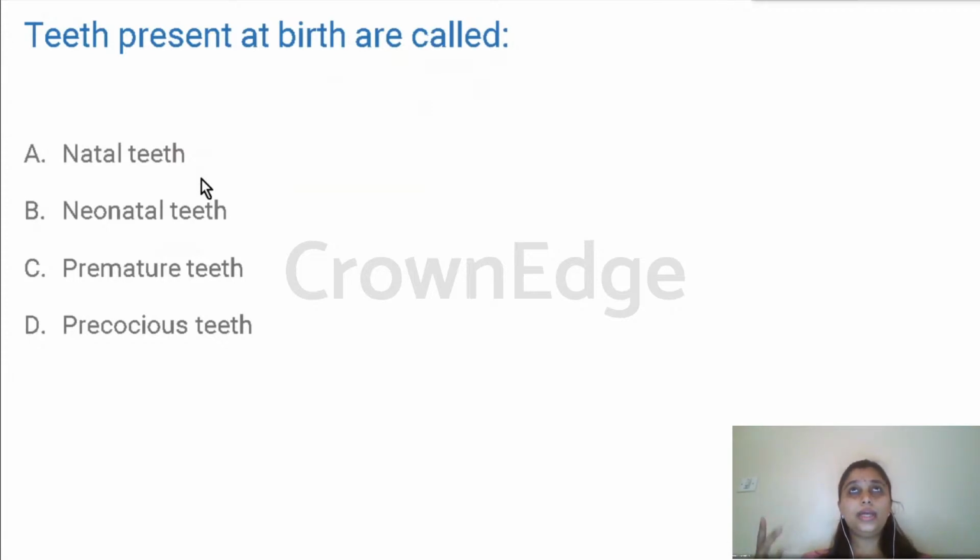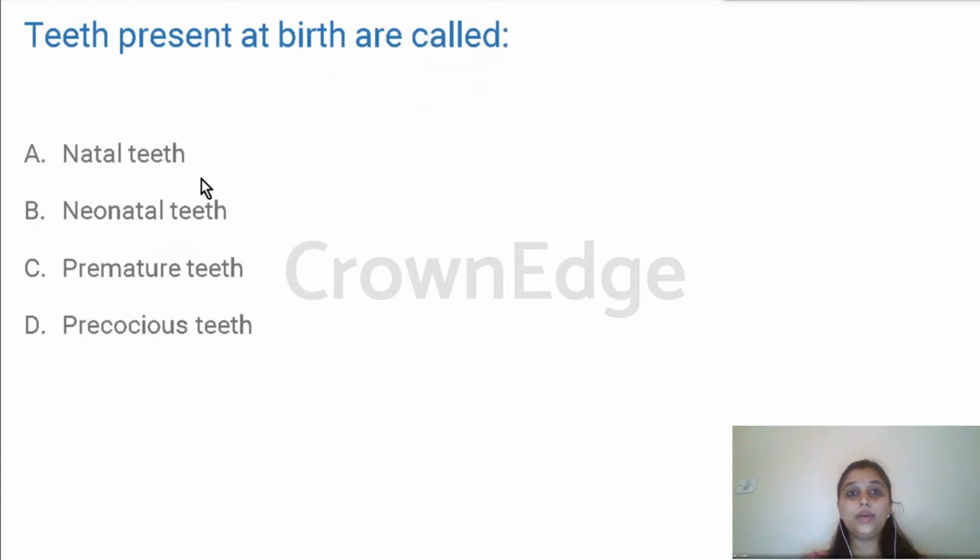Okay. So usually a lot of you get confused between natal and neonatal. Just remember, neonates are those children or those babies within the first month of life. They're called neonates. Like how we have infancy, school-going child, toddler, depending upon age groups, your child is called differently depending upon their development. A neonate is any baby which is in the first 30 days or the first month of life.